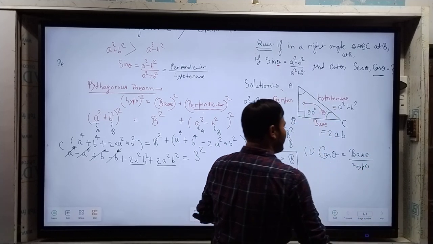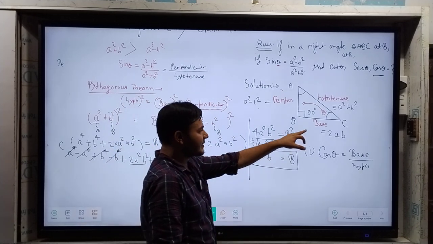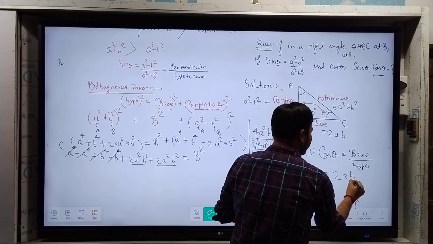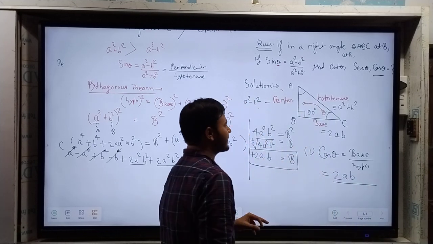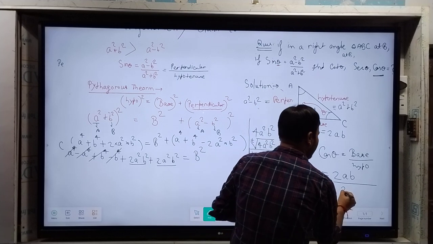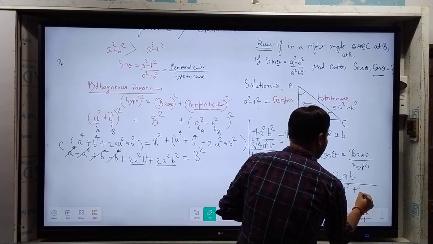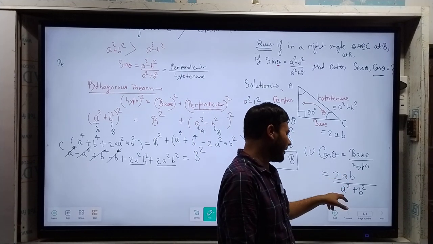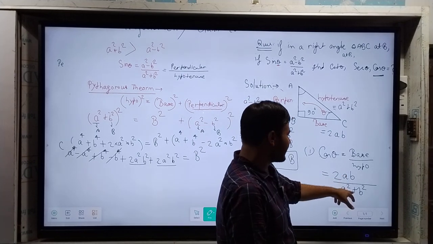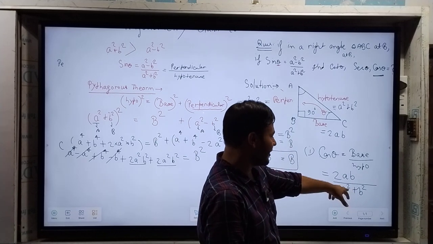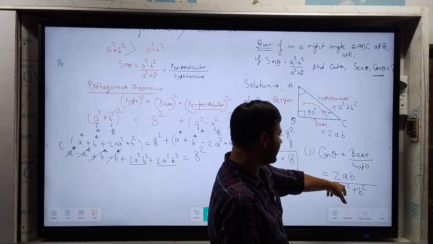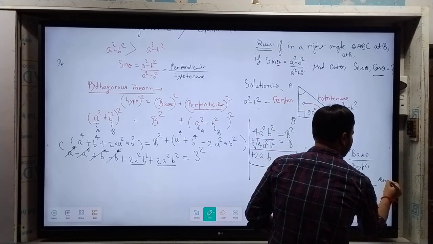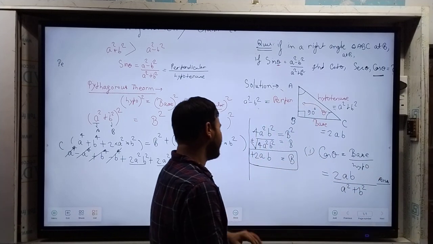Base will be 2ab. Hypotenuse will be a square plus b square. Some students cancel out a and a square, but this is wrong because here the plus sign is used. We cannot cut out a and a square. This will be the final answer of cos theta.